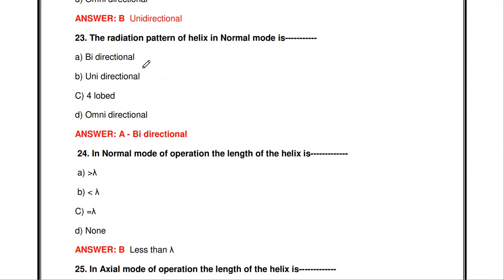Similarly, the radiation pattern of helix in normal mode is bidirectional. So just remember in helix there are two modes: normal mode and axial mode. In normal mode, the radiation pattern is bidirectional.